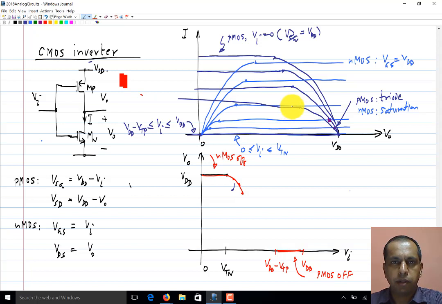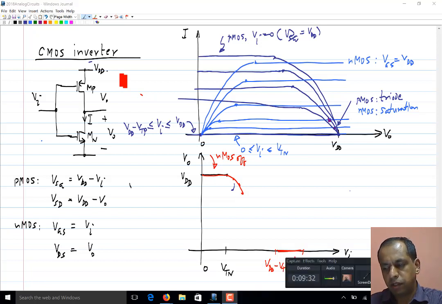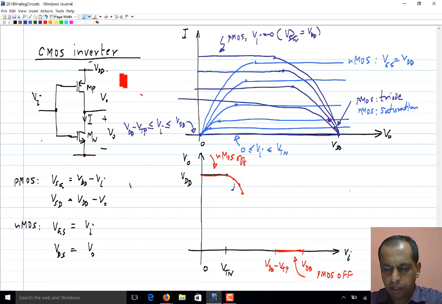So (gmp plus gmn) divided by (gdsp plus gdsn) will be large. Alternatively, graphically you can see that if two nearly flat lines intersect, a small movement in either of the lines will change the point of intersection by a large distance. So the slope becomes larger.